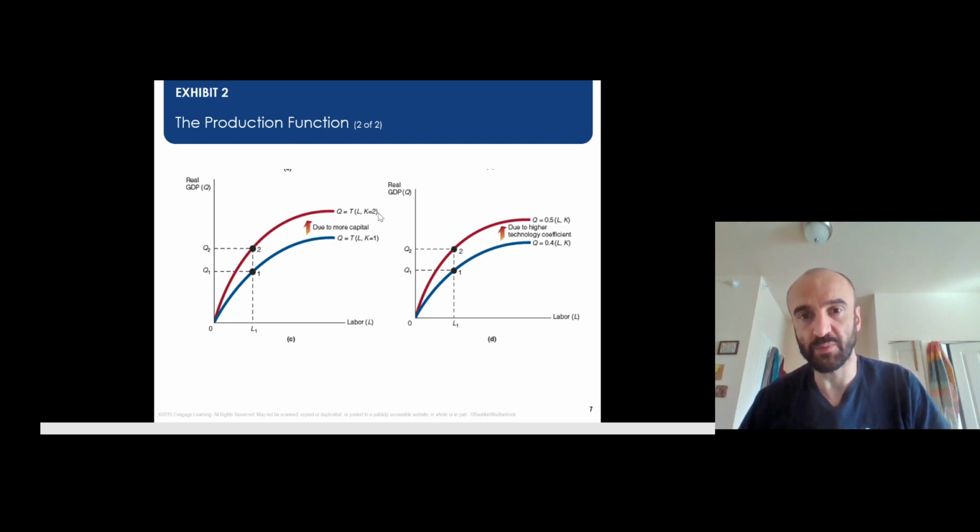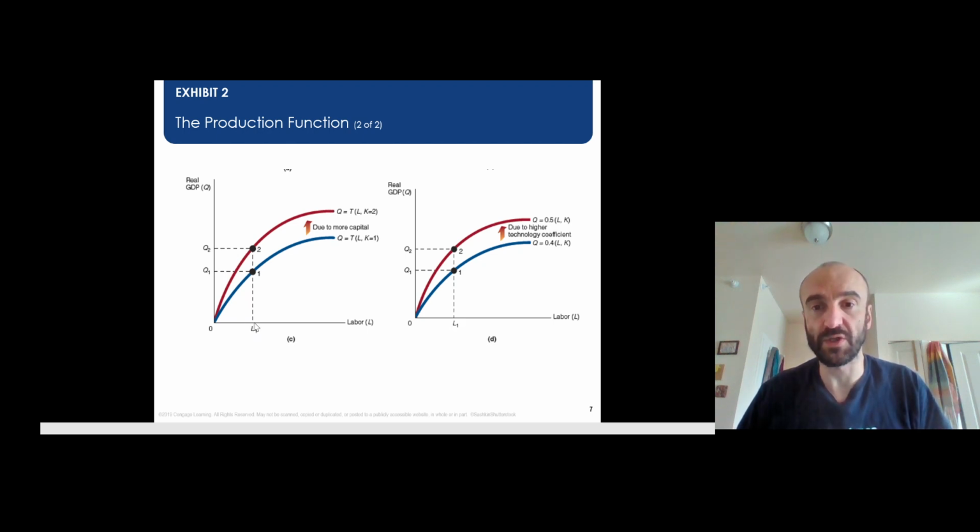So then the capital coefficient changes. You have 2 times as much capital goods as you had before. So you will be capable of producing more goods and services, more real GDP with the same quantity of labor. So that means that the production function will shift upwards.